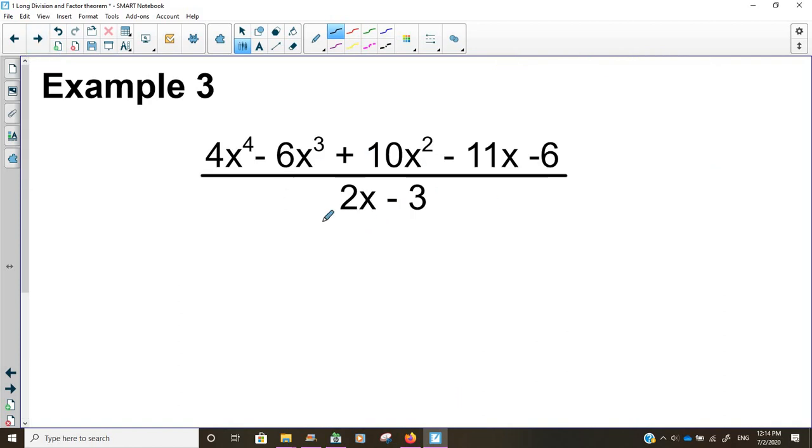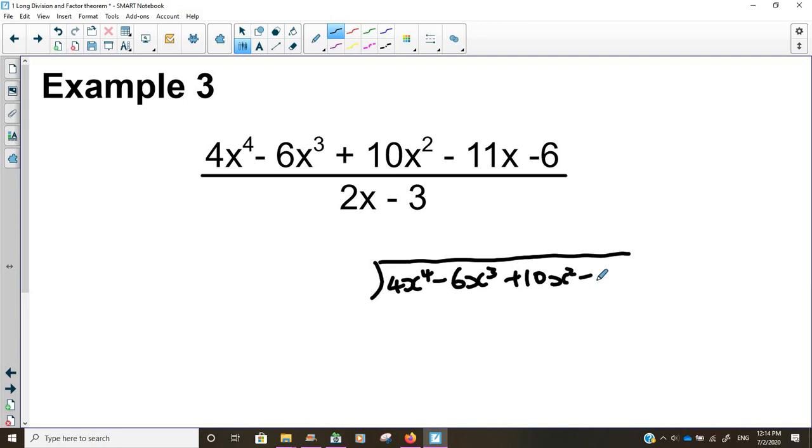Okay, one more example. This time we have a quartic, so you're going to need quite a bit of space to do this. Okay, and we divide them by 2x minus 3.